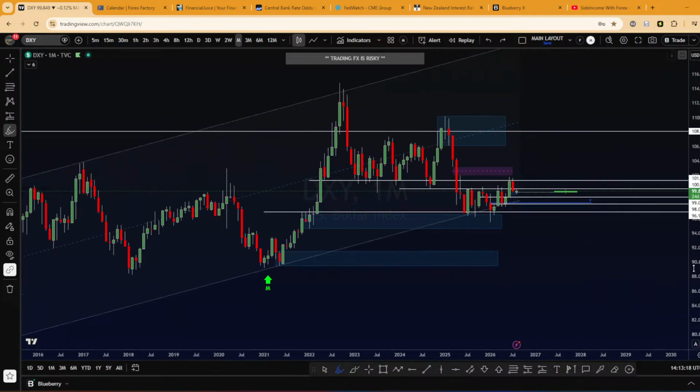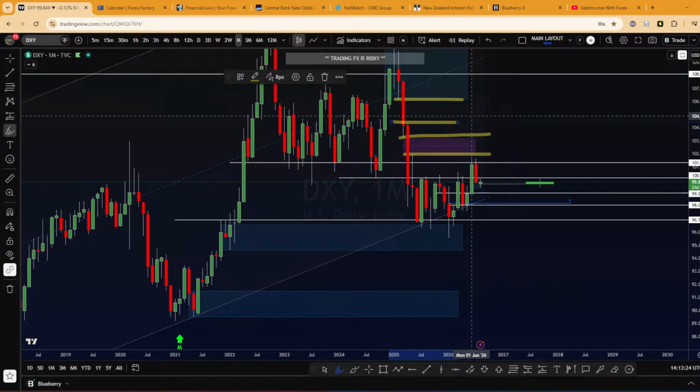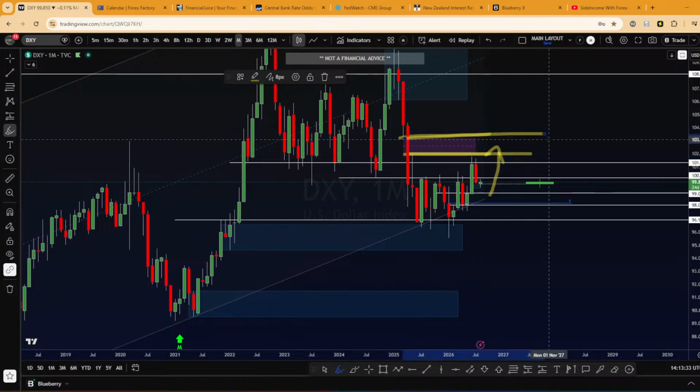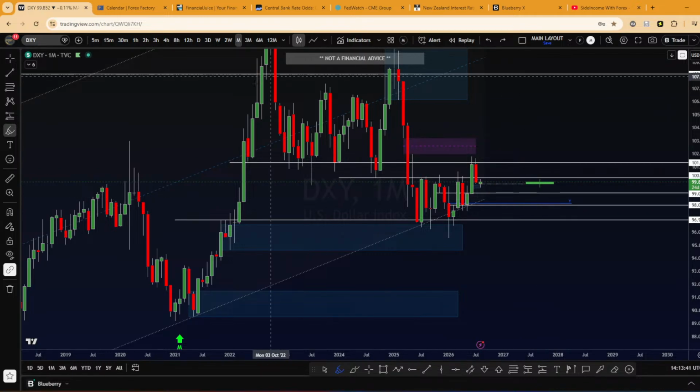I want price to push at least towards this imbalance right there, maybe right there, we don't know, but we are not there right now. So I will focus more on targeting this imbalance. I want price to fill this imbalance first, so I think we could potentially continue to push higher.